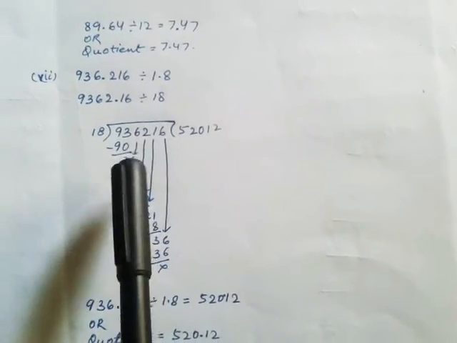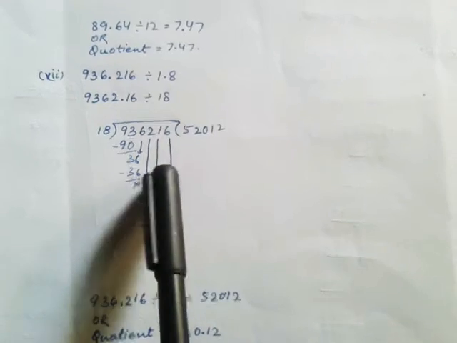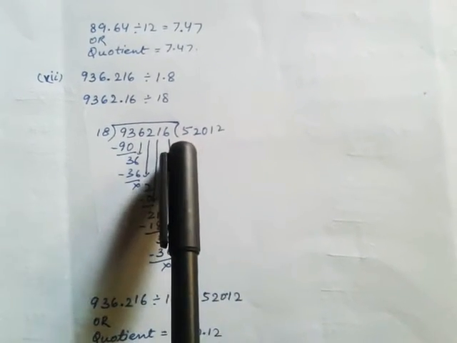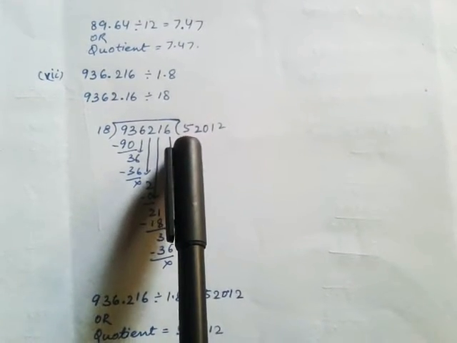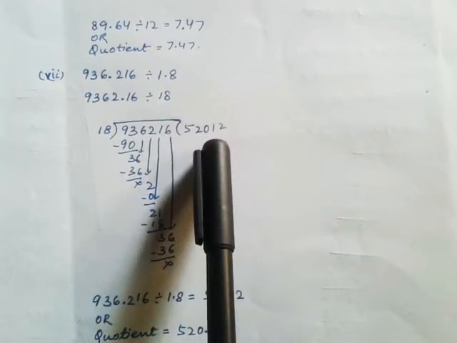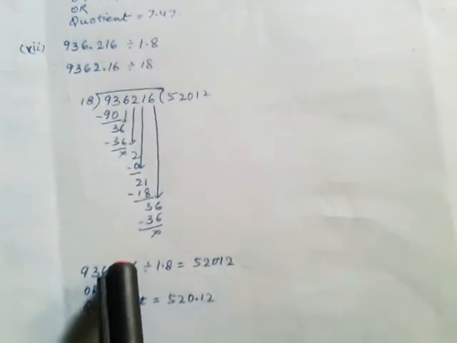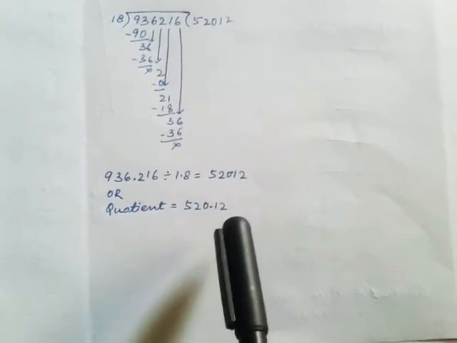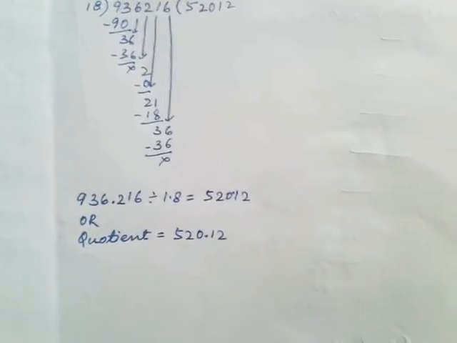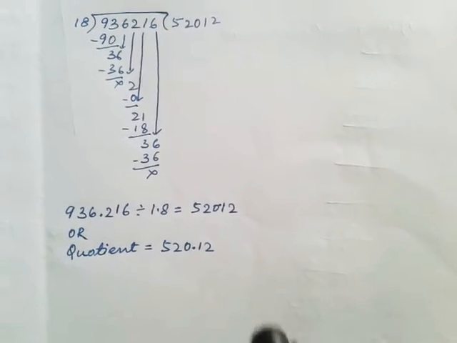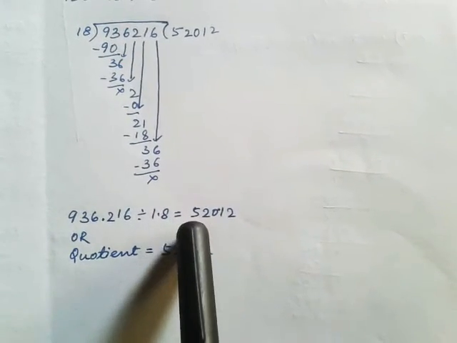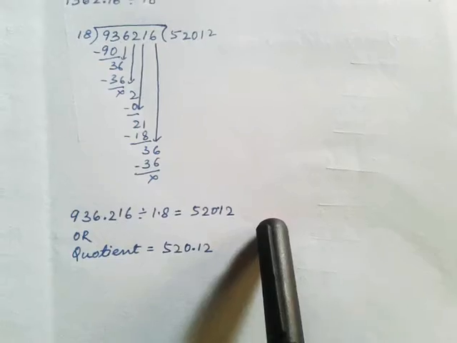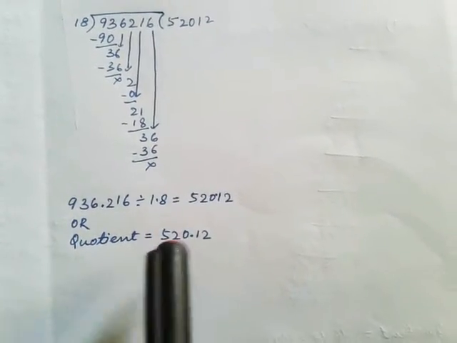Now we divide as we do without decimal, and we get 52,012. Then we have to put the decimal here: 520.12. In the quotient also we write 520.12.